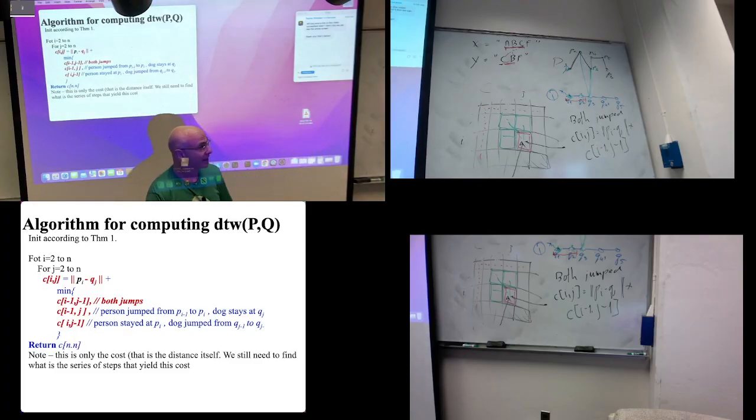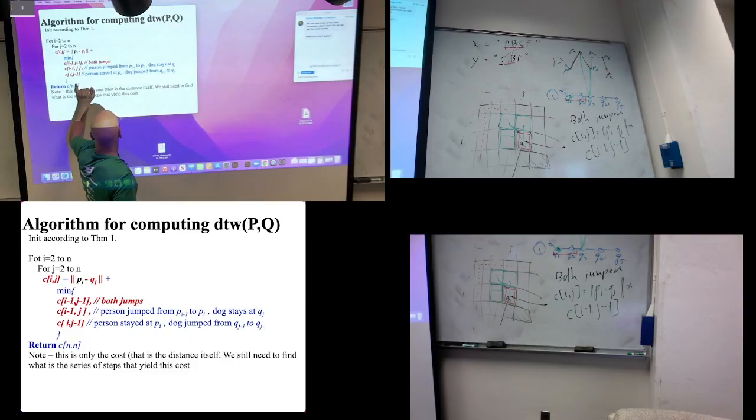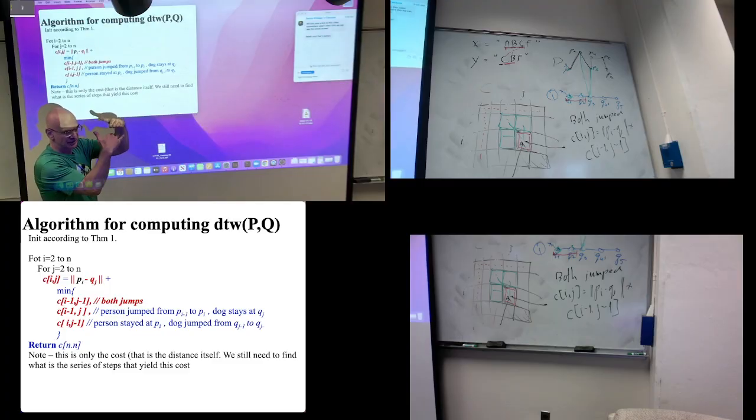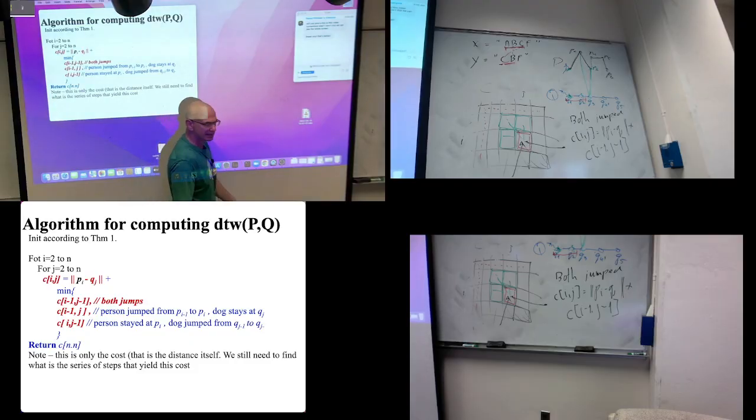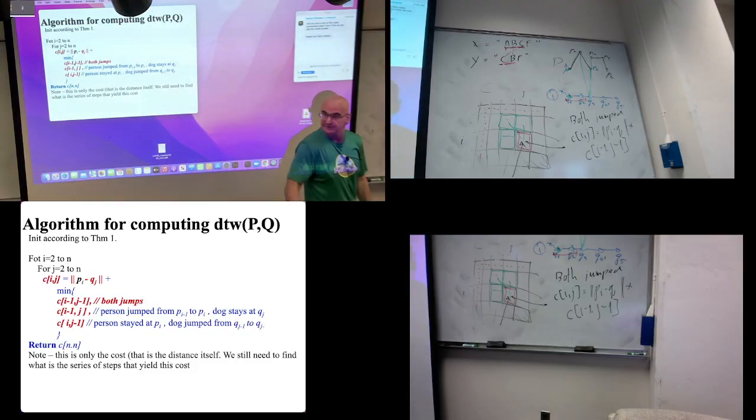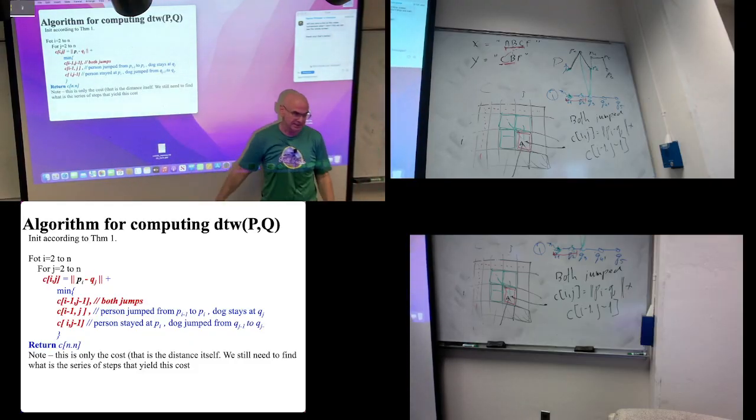This requires n squared memory. If I just want to compute C[n, n], I talked about this trick yesterday, but I don't insist on knowing what exactly the matching is, just whether the distance from this curve to this curve is smaller or larger than the distance between this query curve and a different one, just the number. I want to compute this value using only linear space instead of n squared space. What was the trick that we discussed yesterday?